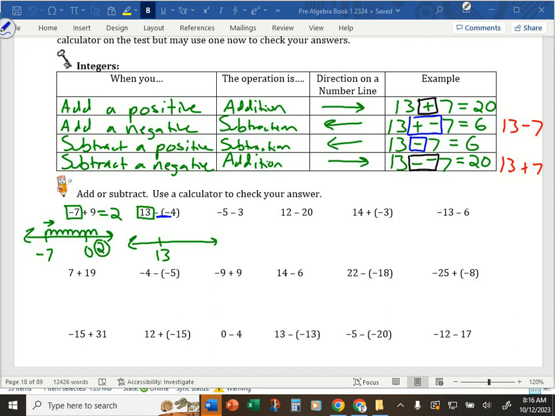Subtracting a negative looks like this, means we're going to the right. So we're starting at 13, we're going to the right. How far? 4. 14, 15, 16, 17 is our answer.